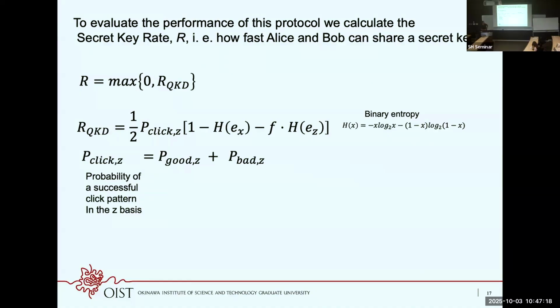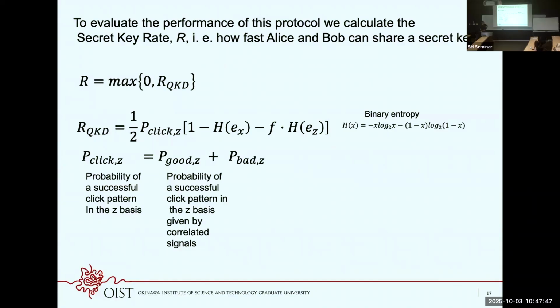And it's given by 2 things, P good and P bad. P good is the probability that you have a successful click pattern. P bad is the probability that you have an unsuccessful click pattern, but we do not know. Because, as I said, when we put in some inefficiencies, like dark counts, we might have this unsuccessful click pattern, so this will also contribute to P click.